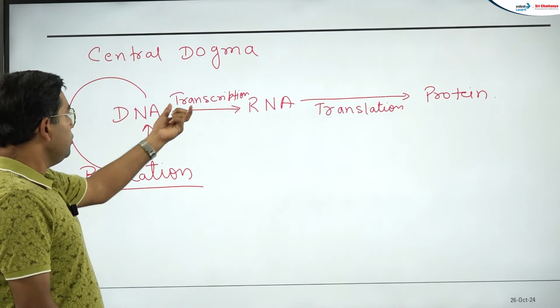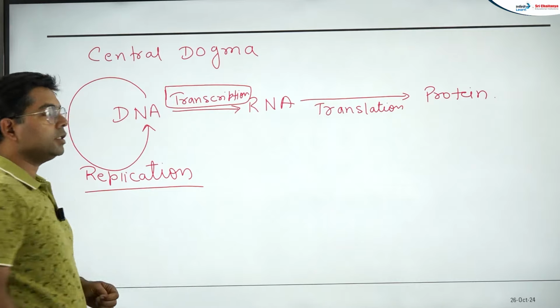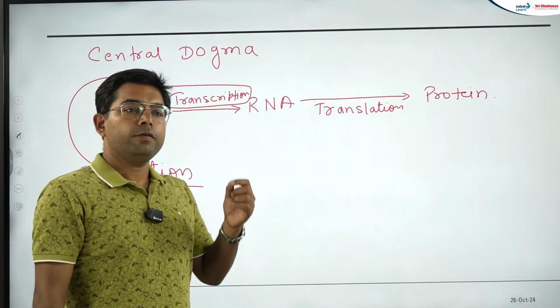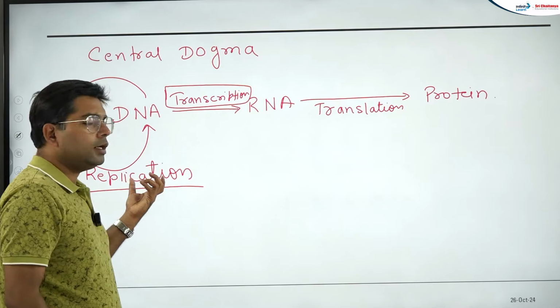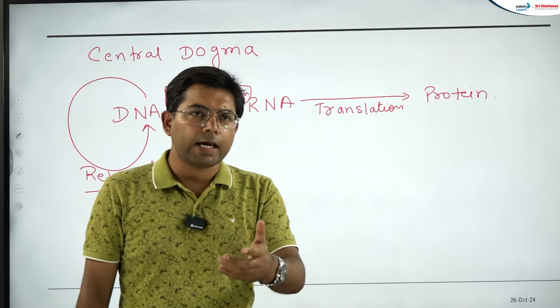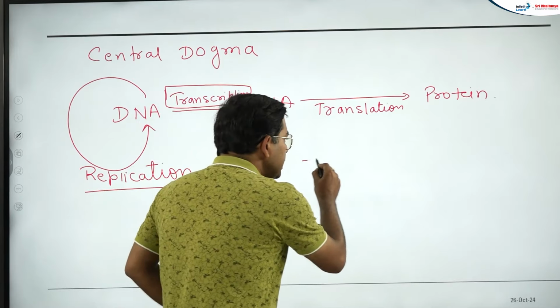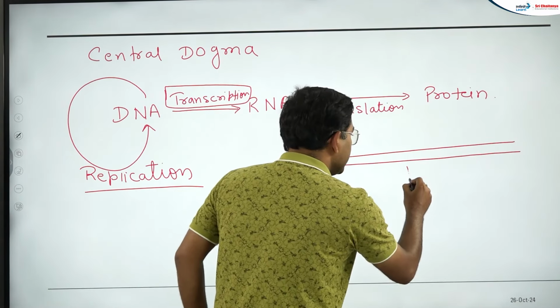So here we will mainly in this topic focus on this part, that is the transcription of DNA. But how is this transcription different from the replication? In replication we have already seen that the entire DNA segment will get copied.